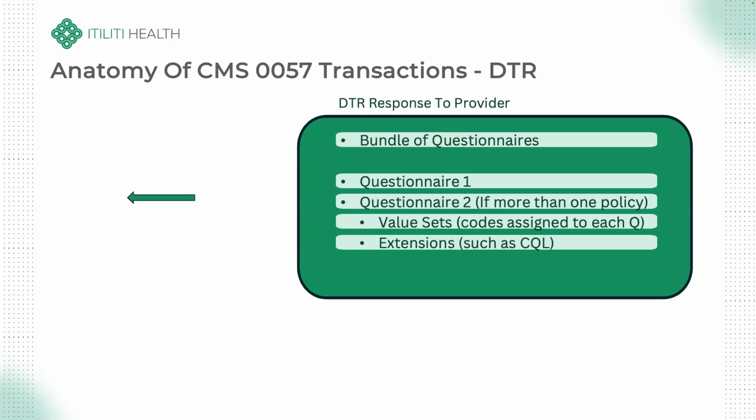One quick thing I'll say right now, because oftentimes when this topic comes up, there's a lot of perception that this is a very difficult challenge and how can I ever convert my policy criteria into a questionnaire, and those associated code sets and CQL. It's a fairly technical concept.